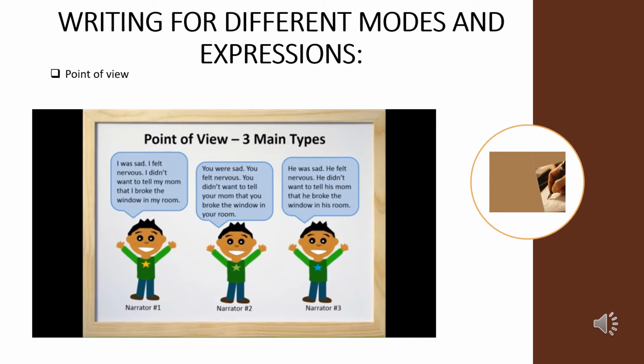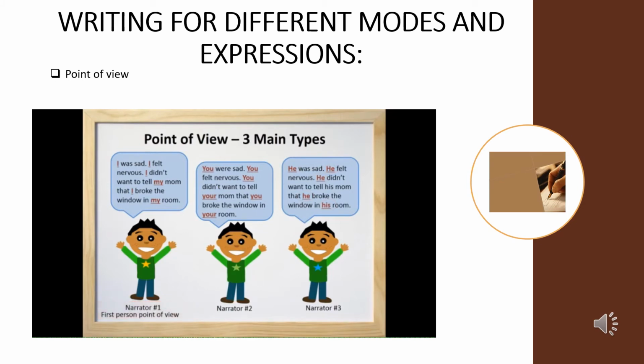What are the major differences in narrators 1, 2, and 3? One major difference is that narrator 1 uses first-person pronouns like I and my. Narrator 2 uses second-person pronouns you and your. And narrator 3 uses third-person pronouns he and his. Narrator 1 uses the first-person point of view.